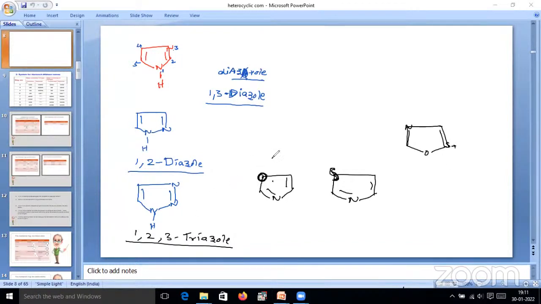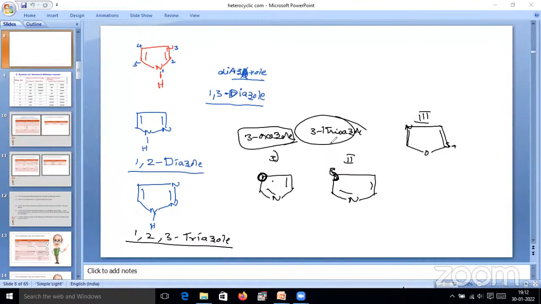The first one. 3 oxazole. Okay. 3 oxa. Okay. 3 thioazole. 3 thiazole. Okay. Next one.